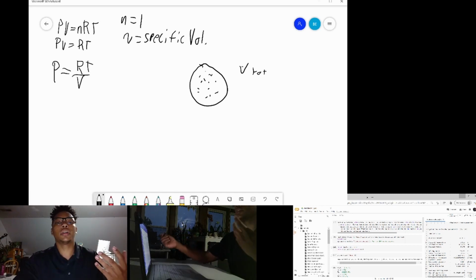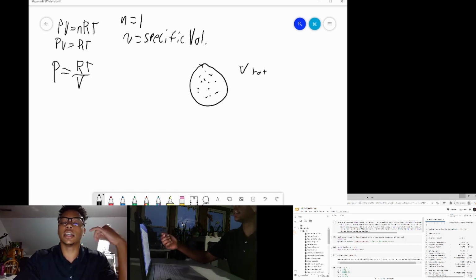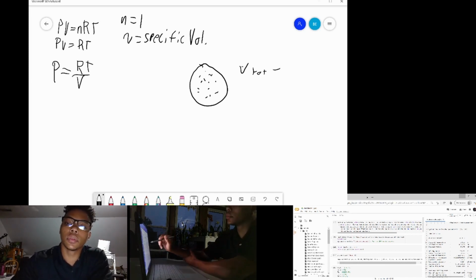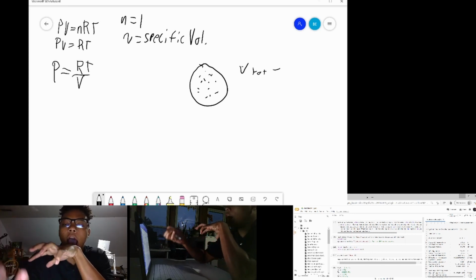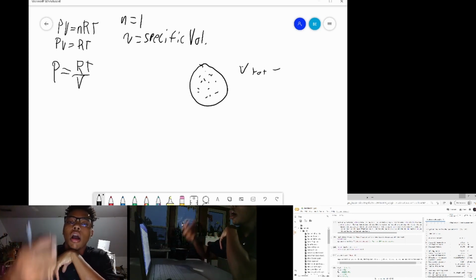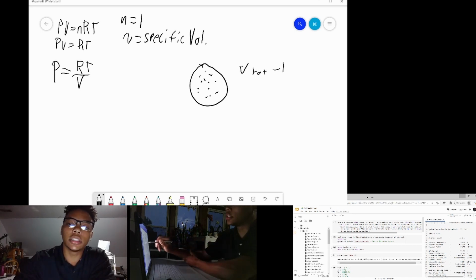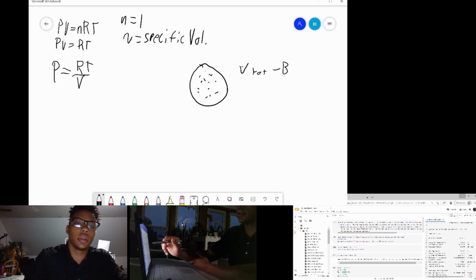So what van der Waals did was he gave us a constant that we're allowed to subtract from our V total, which is equal to how much space our compound is taking up within our volume. So we're just going to label this constant B, all right?